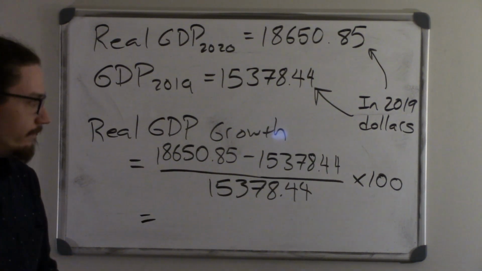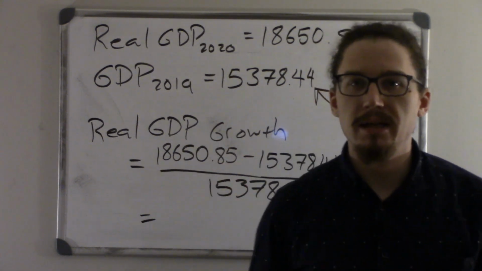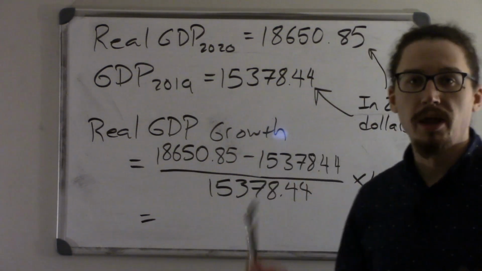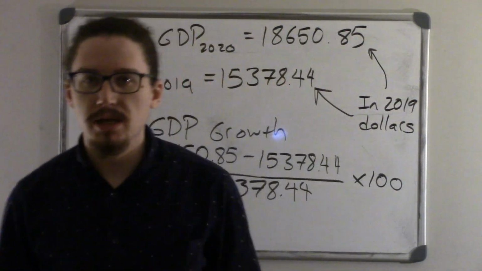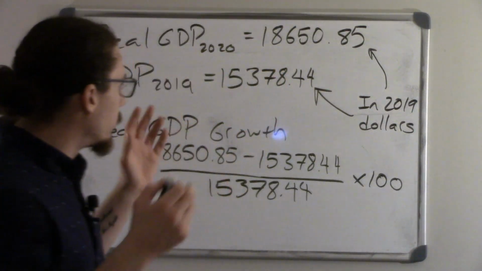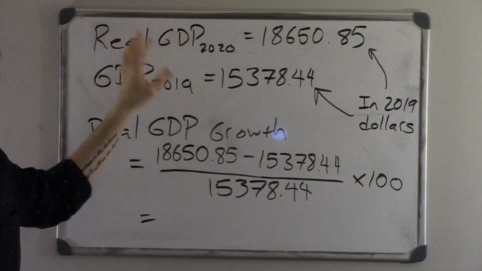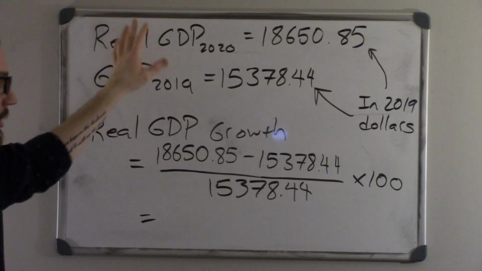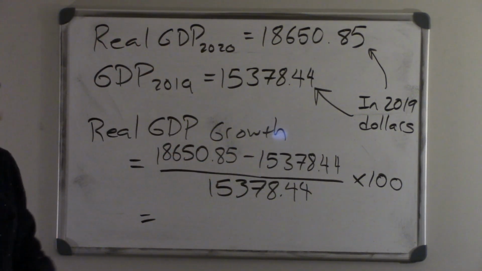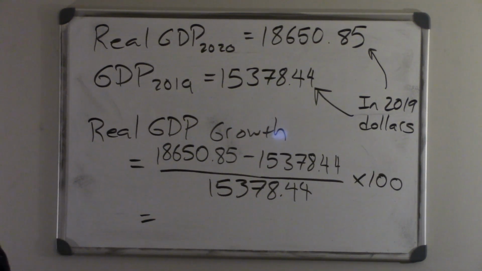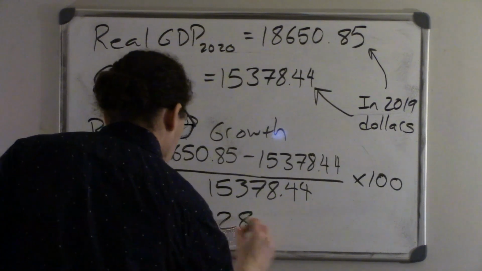And we will multiply by 100%. Really, the real GDP growth rate is basically the same as calculating a plain nominal GDP growth rate. The process is not different, it's just as simple. The real thing is just making sure we've got these real GDPs and nominal GDPs in the same base year. As long as they're in the same base year, we're looking at a real GDP growth rate.